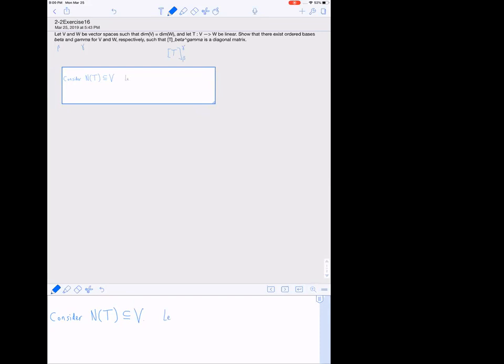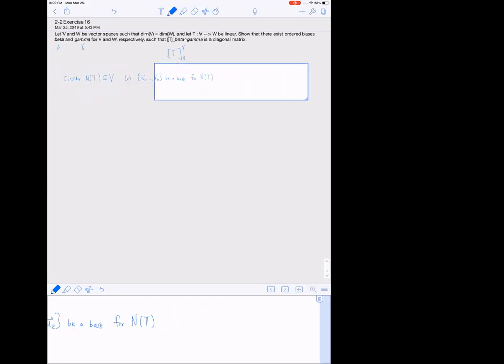So I'll let U1 through UK be a basis for the null space of T. Note that what this means is that we're calling the dimension of this K, the nullity of T, if you'd like.